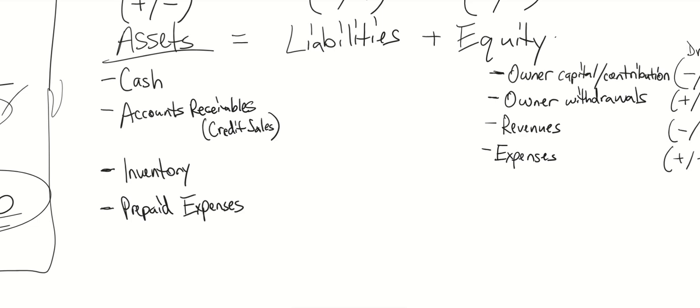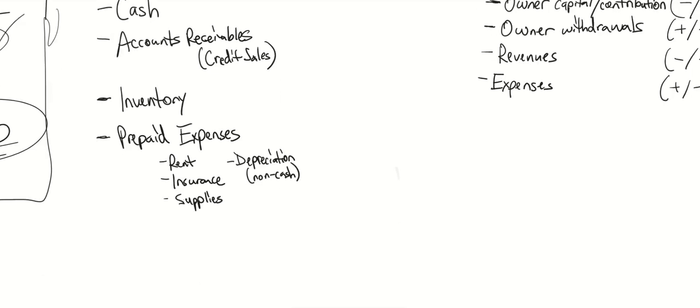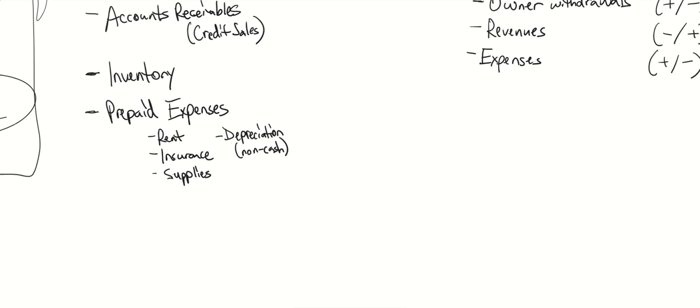Examples of prepaid expenses are rent, insurance, supplies, and yes, depreciation is a form of prepaid expense. Okay, depreciation is a non-cash thing, which will make more sense later. All right, prepaid expenses. Okay, what else?